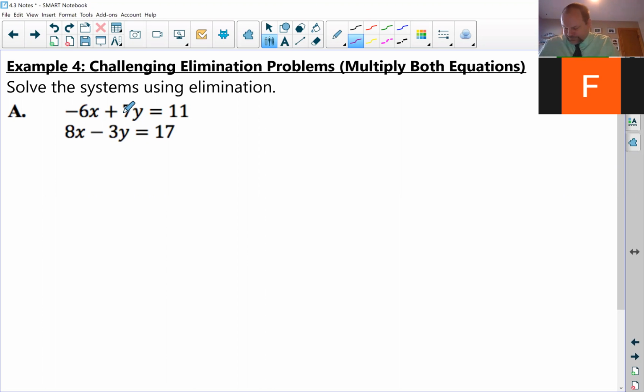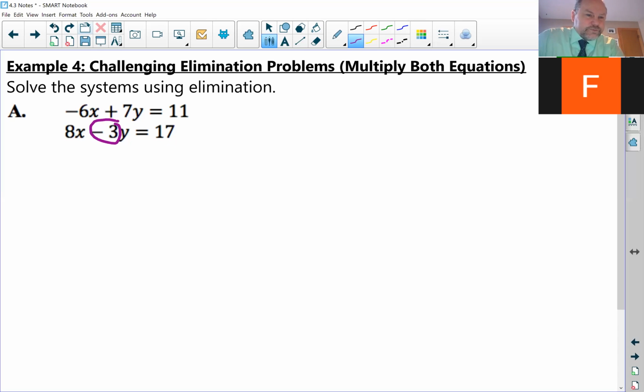So now what I would do is multiply both. There are a couple of ways that you can do this. One easy way is I look for the smallest coefficient. In that case, the smallest coefficient is this 3.